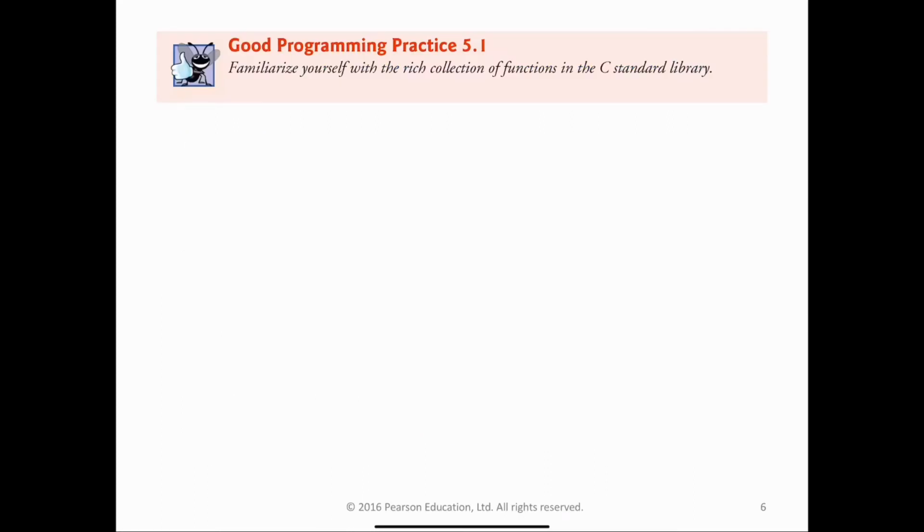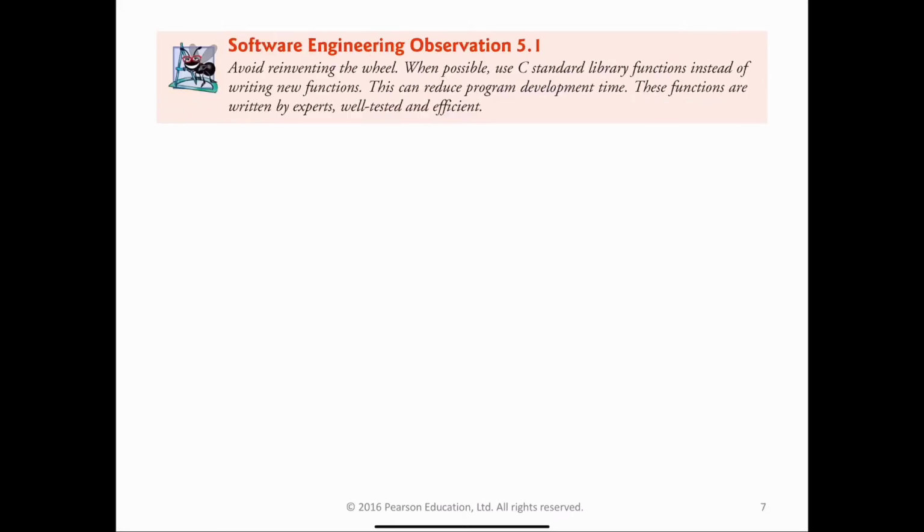In order to become a good programmer, you should always be aware of what's already available in the C standard library. And the point is that there's really no purpose or benefit in reinventing the wheel.